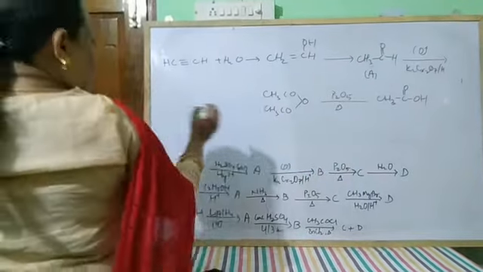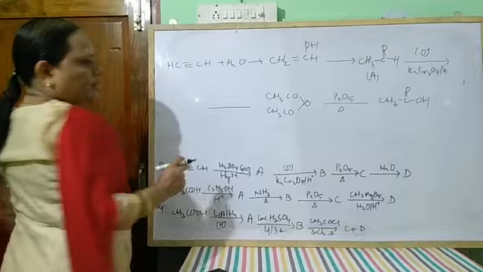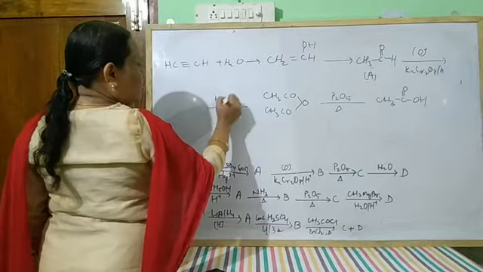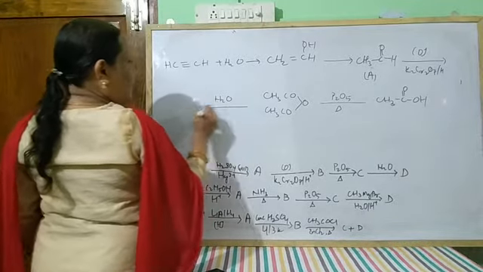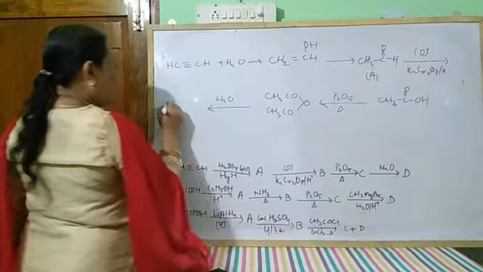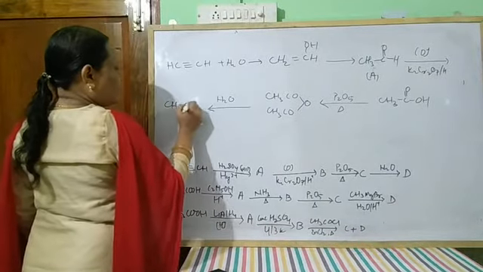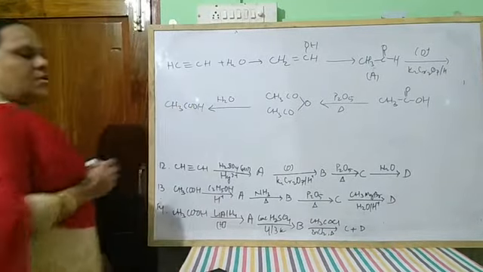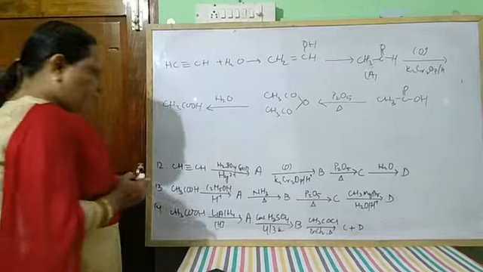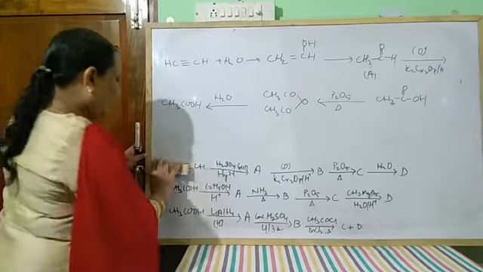And when the acid anhydride is treated with water, again it forms acetic acid. Okay. Next, come to next question.